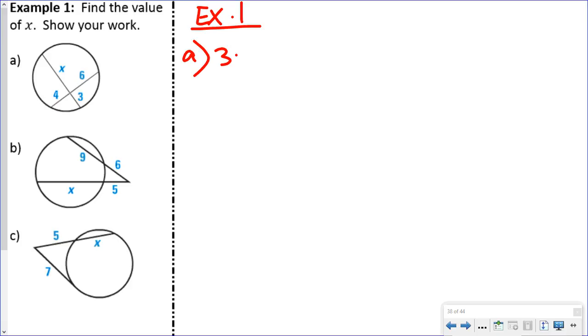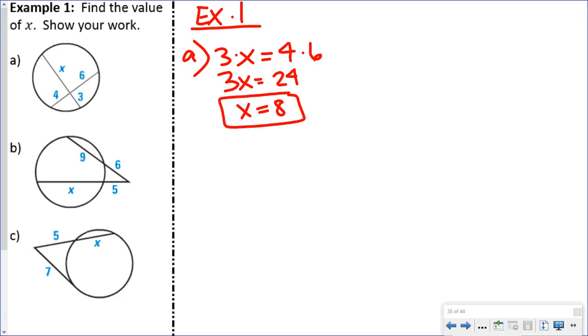So I would do 3 times x, because that's part of the same chord, and then I would equal it to the pieces of the other chord, 4 times 6 multiplied. So then that's 3x equals 24, and then when you divide by 3, x equals 8. Done. They just asked you to solve for x.